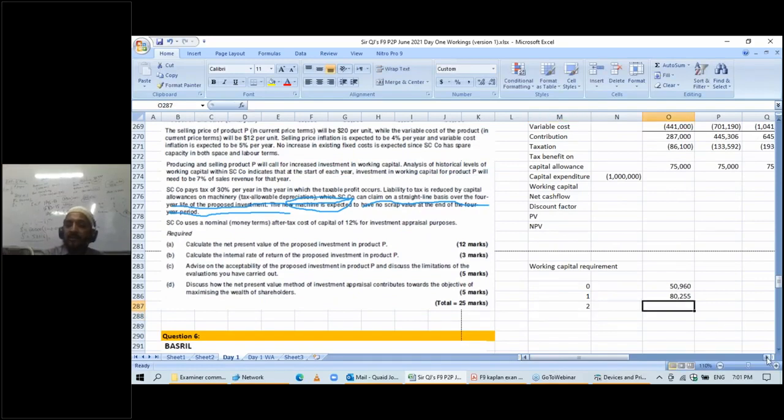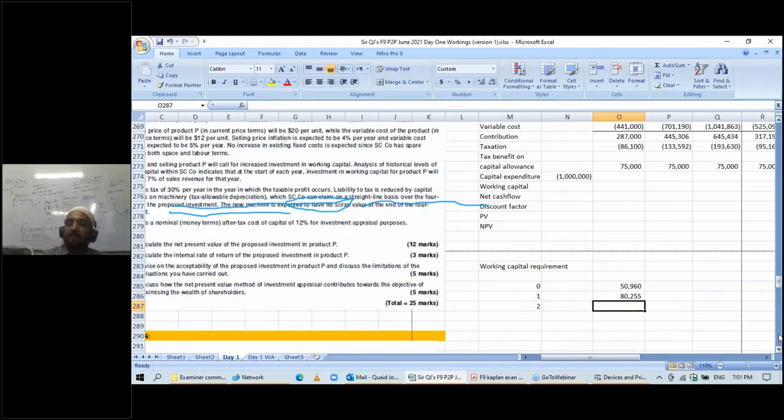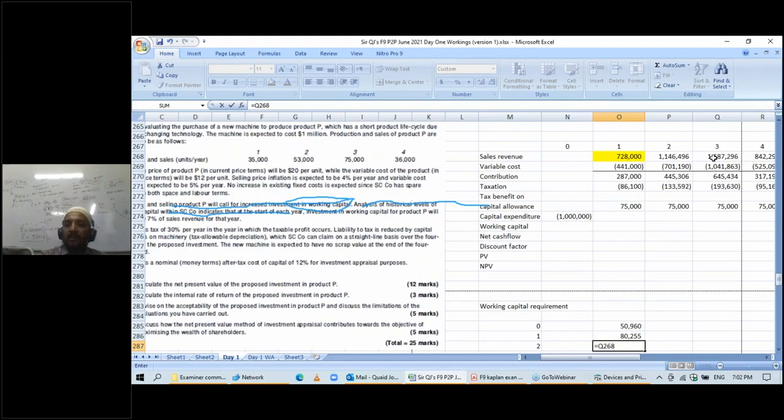Then you have to take the third year sales. Sorry, second year means the end of second year. So at the end of the second year, you need more working capital, which is 1687296 into 7%.